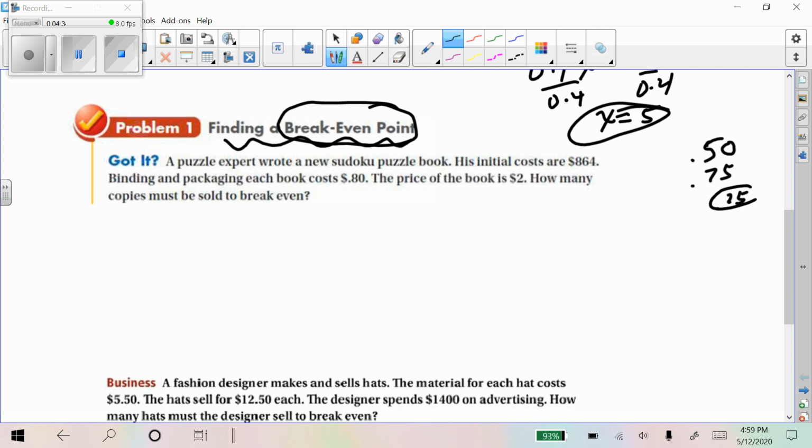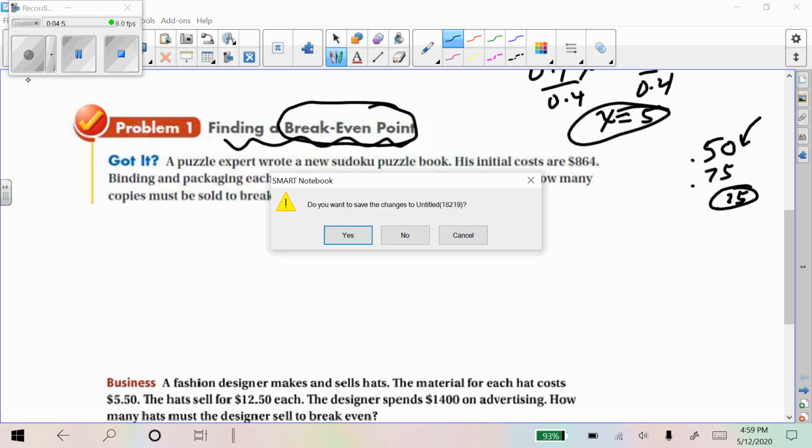So the profit is the difference between the cost for you and how much you sold it for. So we're going to use that idea. And what a business would want to know is how many of something they need to sell in order to break even. All right.